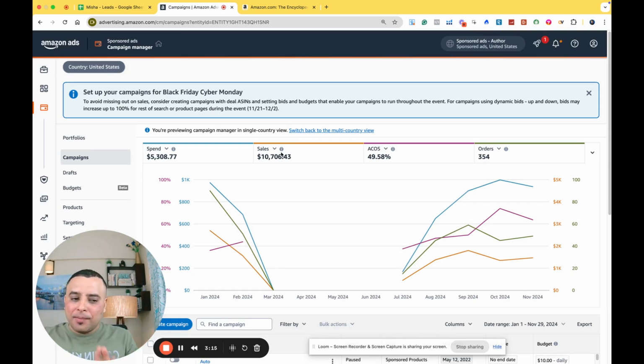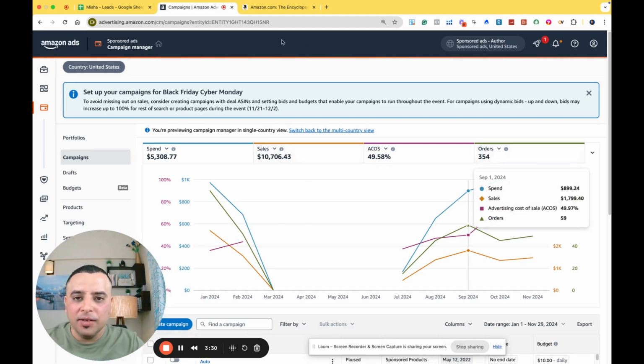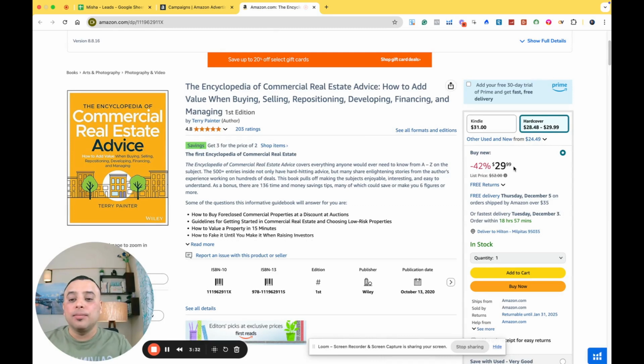If your MRP is equal to the list price, then your sales would be orders multiplied by your MRP, as you originally stated. But if it's a discounted price like this, the sales will be 354 multiplied by 29.99, because that's the price the customer eventually paid for this product.